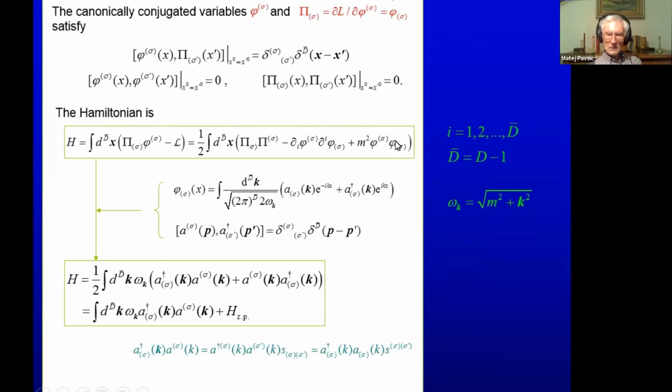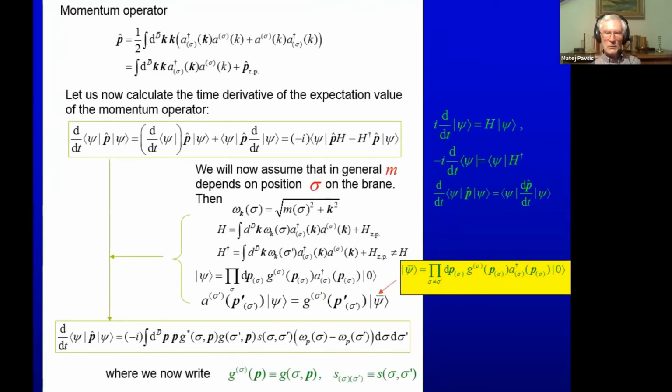The Hamiltonian is this one, and the field can be expanded in terms of creation and annihilation operators satisfying this relation here. Then the Hamiltonian is just this expression here. The momentum operator is given by this expression.